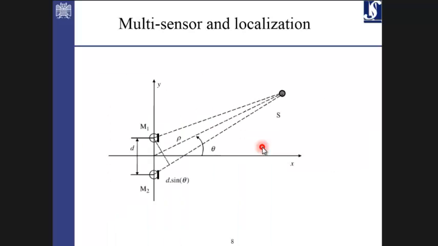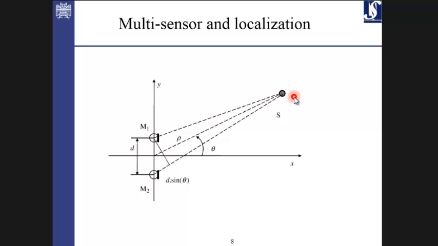So let's go to the theory and see what actually happens in the case of multiple sensors, starting from the simplest case, where we have just two microphones and one source. If we assume these two microphones are located on the y-axis, with the vertical axis x with respect to that, and there is a source S here that is far enough, we call that far field.